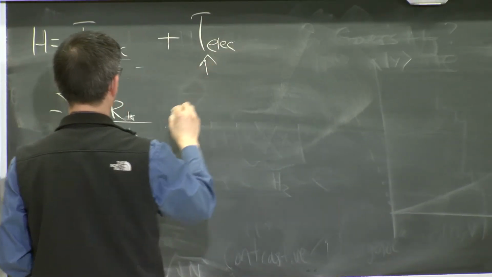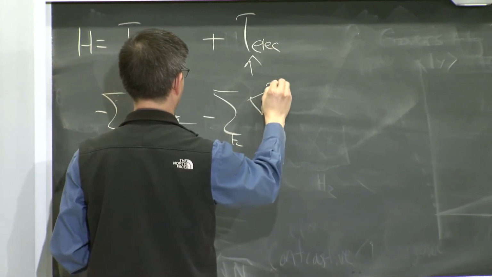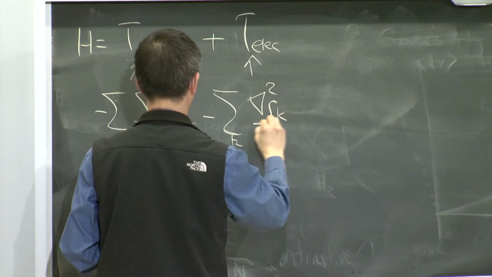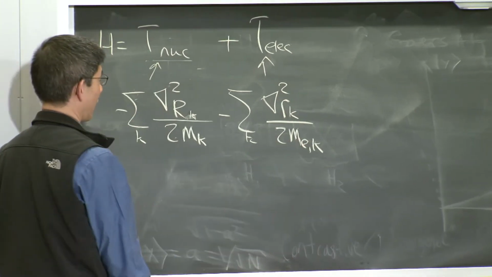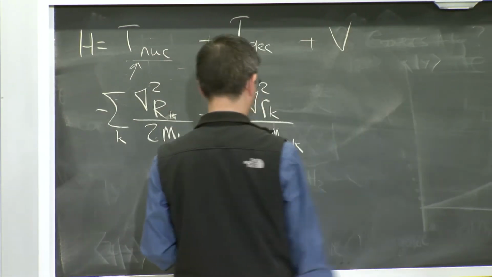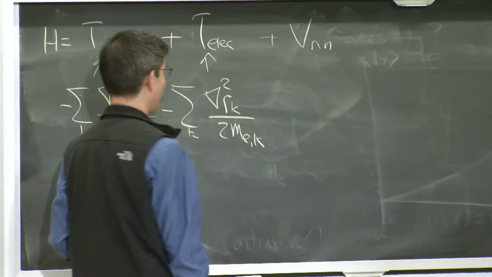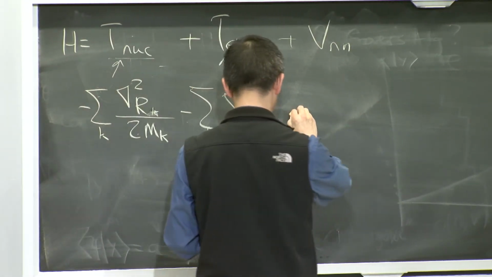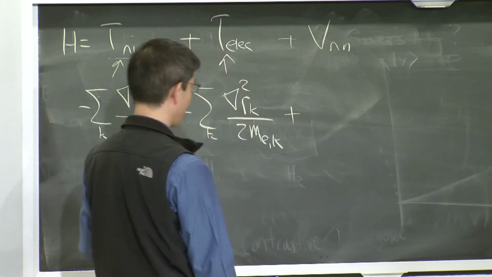We also have the same kind of term for the electrons, with the mass of the electron involved. And then we have potential terms. For example, nuclei interacting with nuclei. And these potential terms are due to the charge interaction between them.